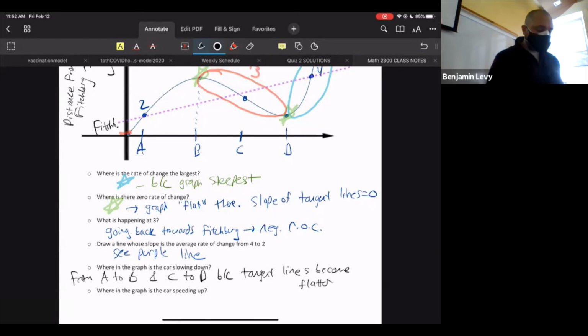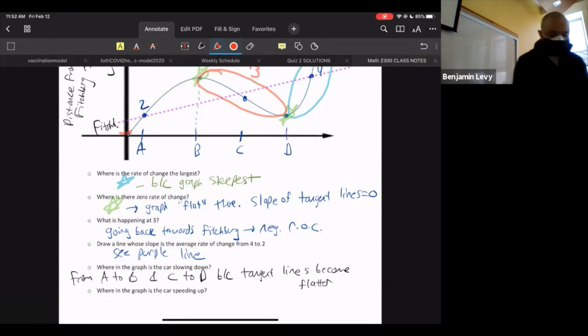Or if we thought of the tangent line, let me kind of draw a couple tangent lines on here between A and B. Early on, it's kind of got this slope. As we get closer to B, it's flattening out, right? So it's decreasing. Similarly, if we went from C to D, C is kind of going fast towards D. But as we get closer to D, the tangent line flattens. Right, so the places where the tangent line's flattening is slowing down.